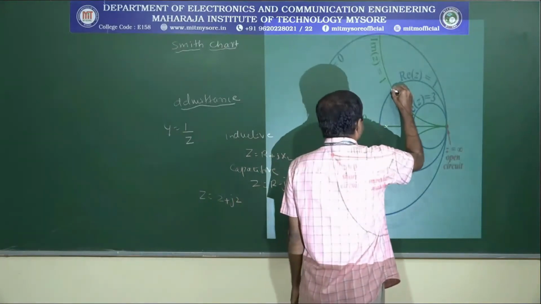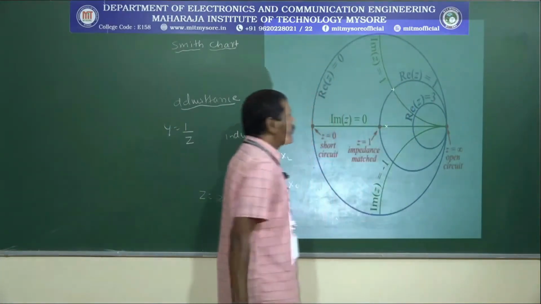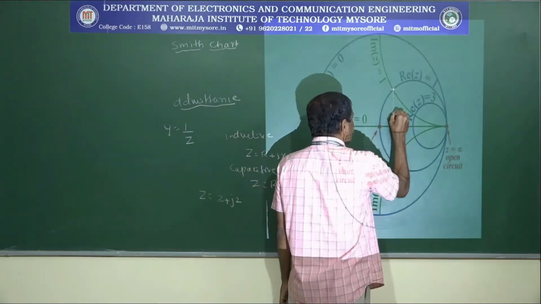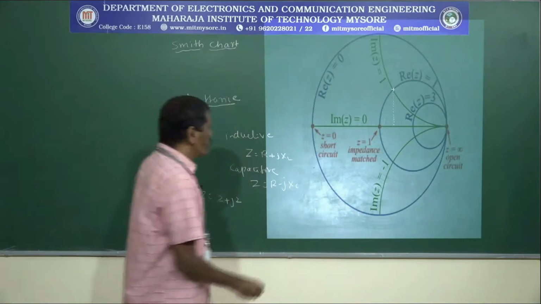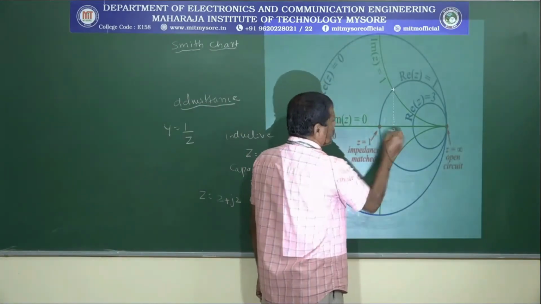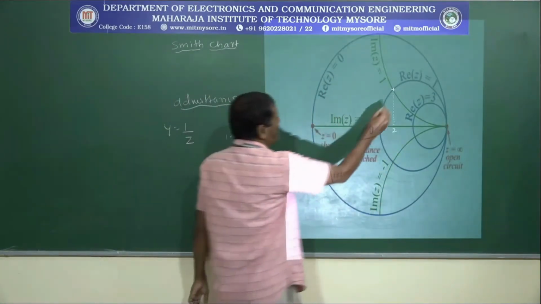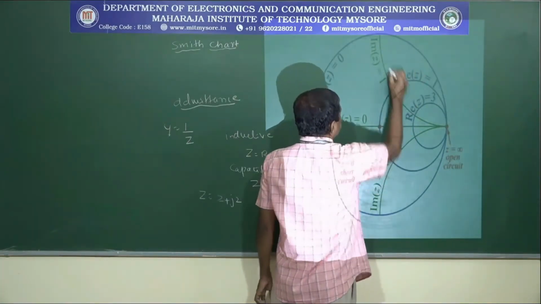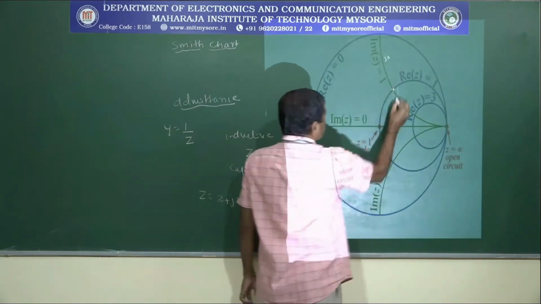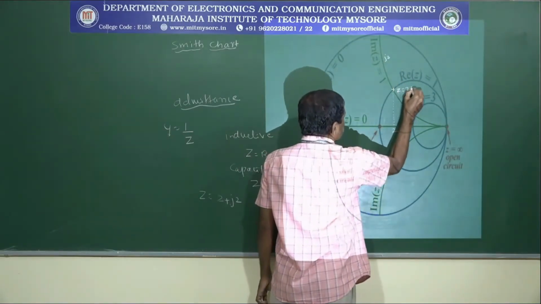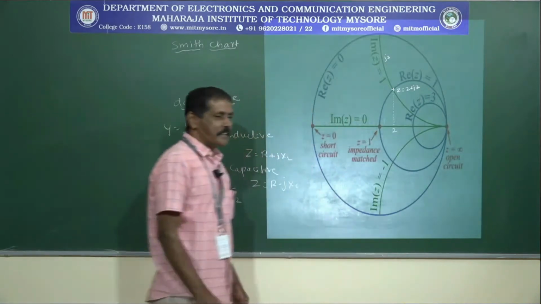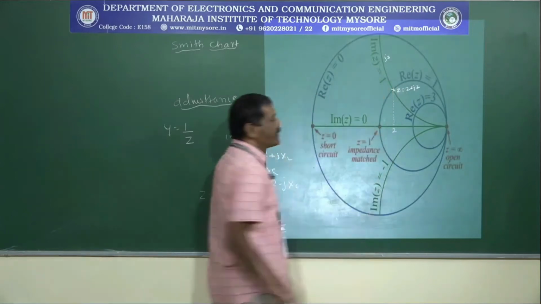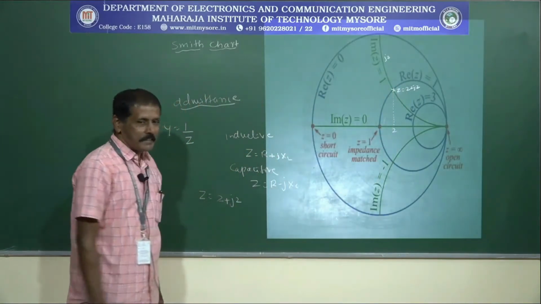Just for example, I can say this is the point I have. I will mark it like this, assuming this is equal to 2 and this is equal to j2. So this point is 2 plus j2. This is how you can mark an impedance on the Smith chart.